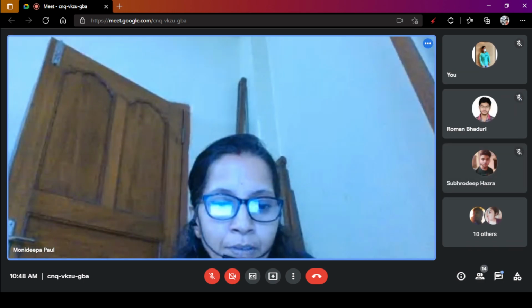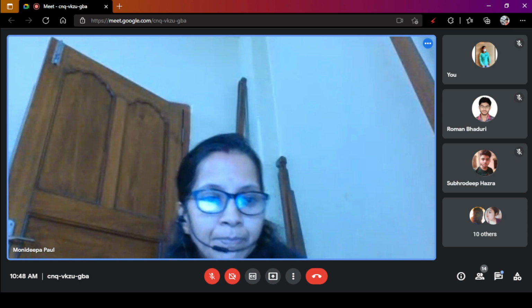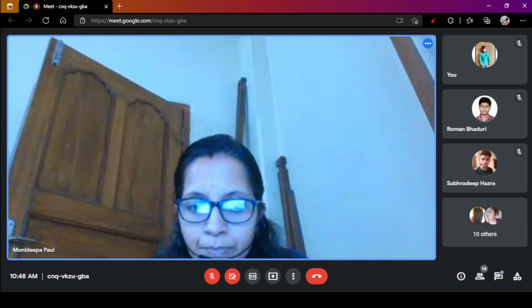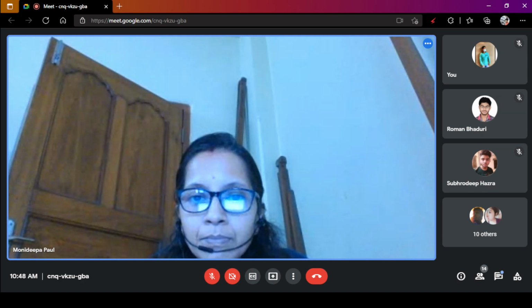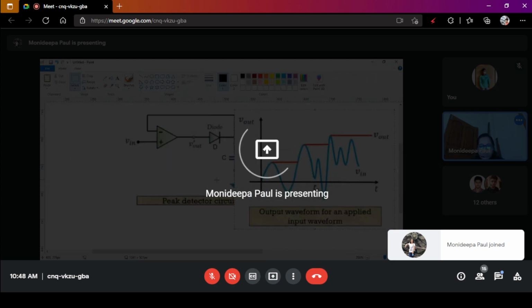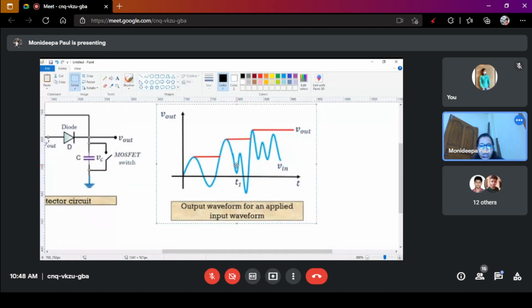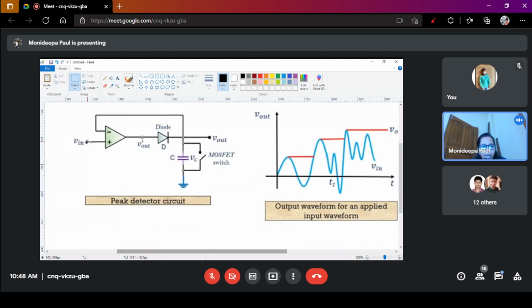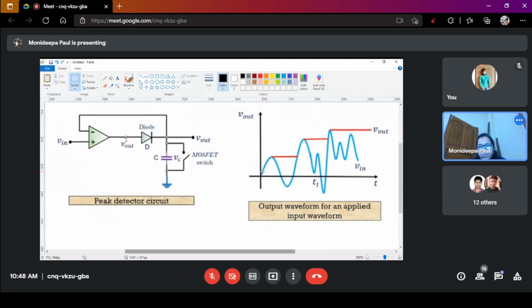If you see this diagram, this is a signal. If we apply this signal in this circuit, what happens?